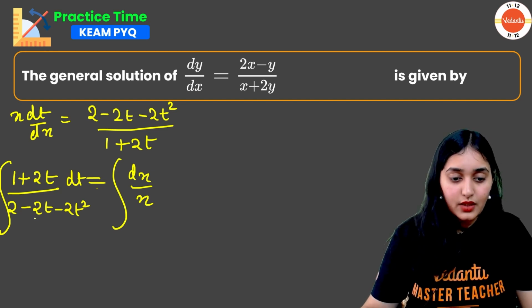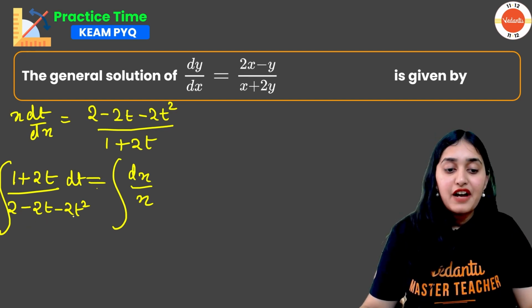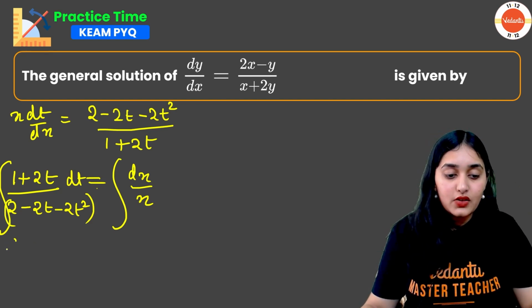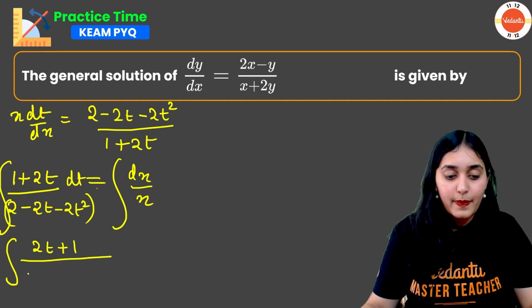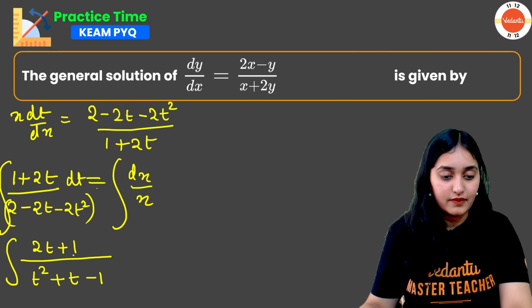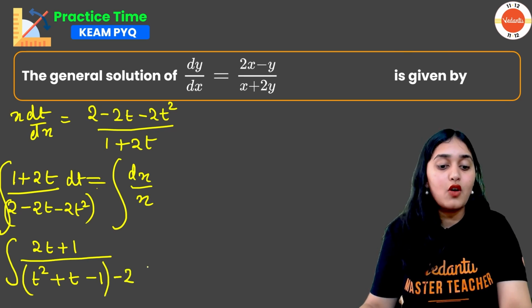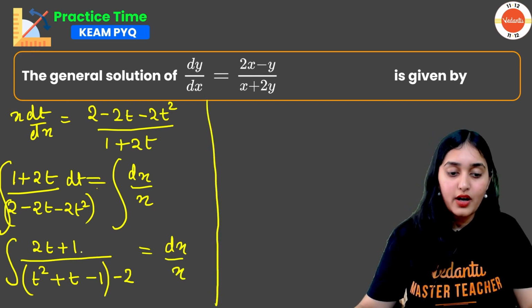Now, before integration, we can do some things here. What is that? First of all, from the denominator, I can take out minus 2 as common. So, it will become 2t plus 1 upon 2 we are taking out 2 as common, right? So, it will be t square plus t minus 1. If I take out minus 2 as common, this will be dx upon x. So, this is equal to what?